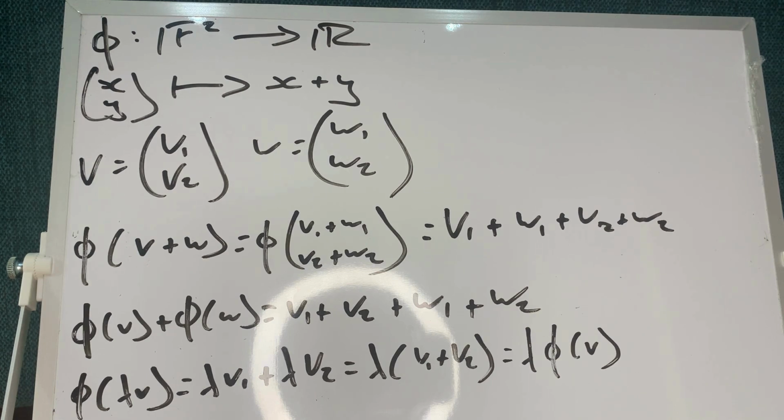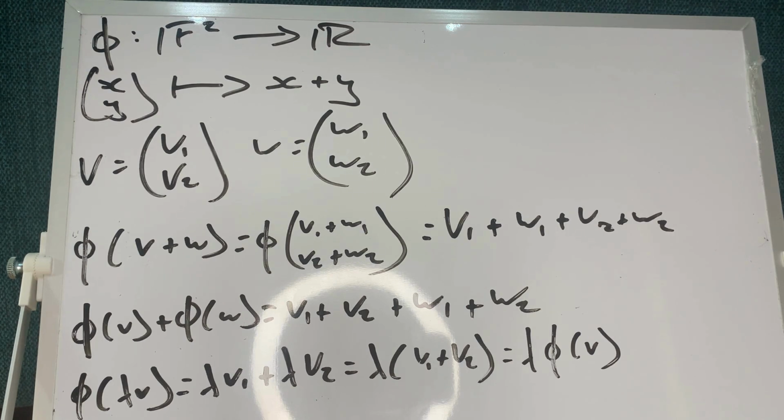So let's see if it's a linear map. Phi of v plus w is going to be phi of, just adding them component-wise, v1 plus w1 on top, v2 plus w2 on the bottom. And by definition of our function, that is going to equal v1 plus w1 plus v2 plus w2. Sorry, my v's look like w's.